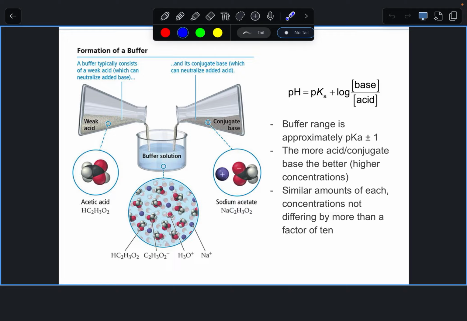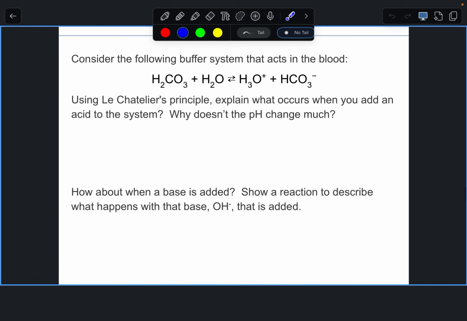Okay, so we're gonna start, these next 3 slides, I'm gonna go back and forth between them. And this one I'm going to tweak just a little bit. So we're not actually going to talk about it in terms of Le Chatelier's, and we're going to adjust this equation, okay? So we're going to say that we have this acid and this conjugate base.